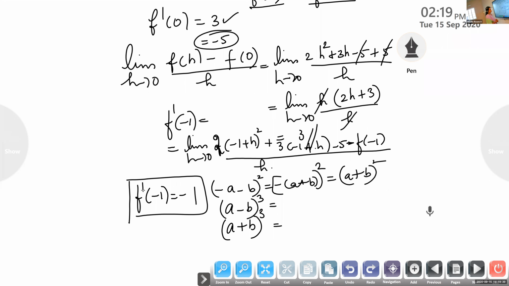F dash of 0 plus 3 into f dash of minus 1 is 3 minus 3, which is same as 0. Okay, so you should get the answer as 0.